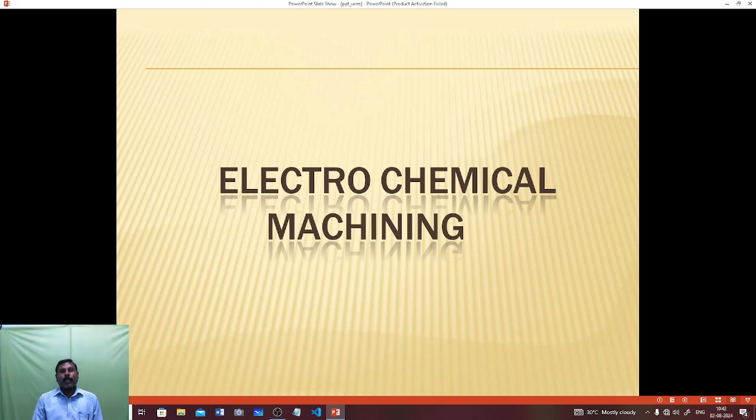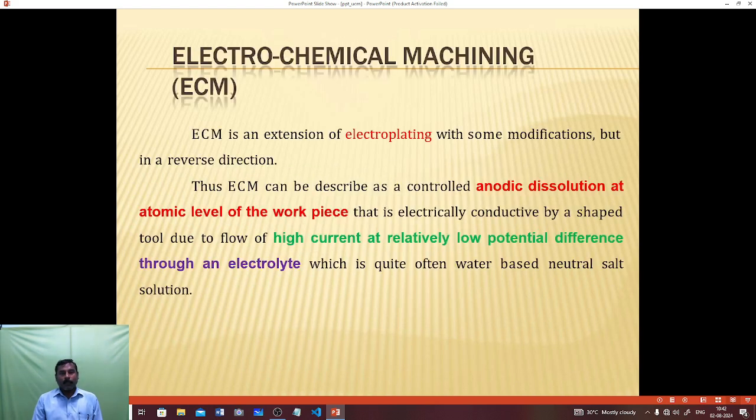Then the electrochemical machining process. ECM is an extension of electroplating with some modifications, but in the reverse direction.